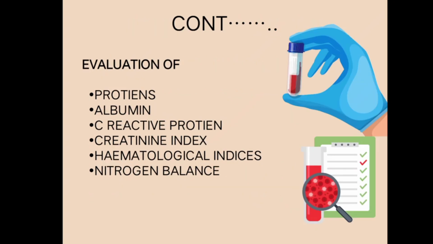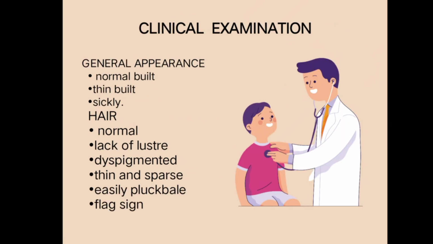In this evaluation of the blood components, you will also assess the protein level, albumin level, C-reactive protein level, creatinine index, hematological indices and nitrogen balance. So all this is about laboratory investigation, that is biochemical evaluation. We are going to check all these values in the blood, and by assessing the biochemical examination, we will correlate with the patient.